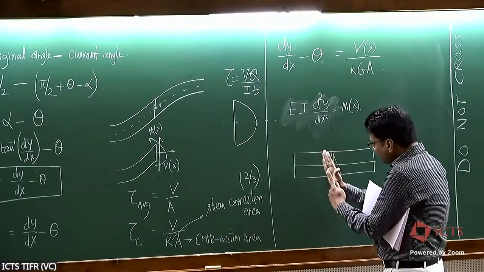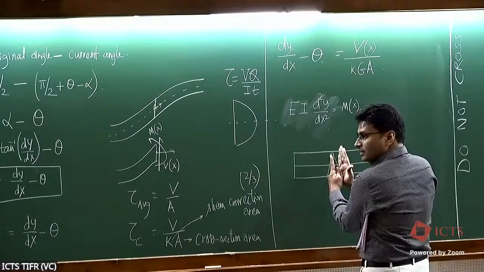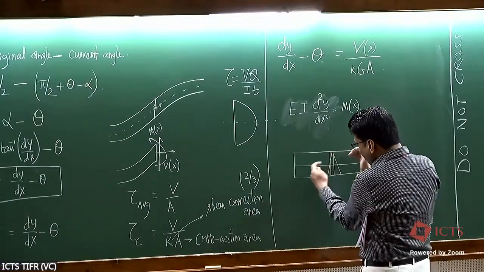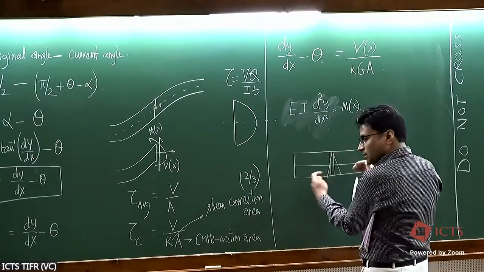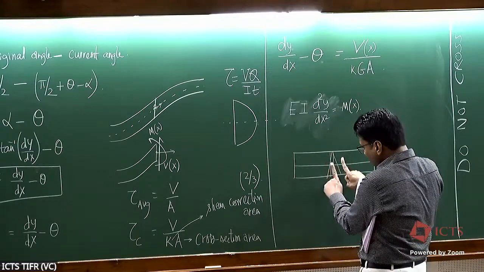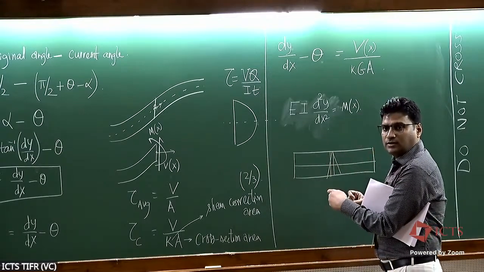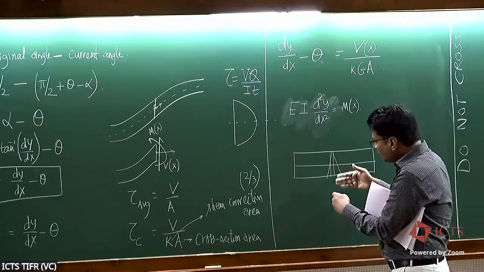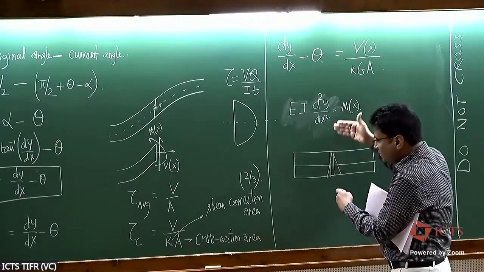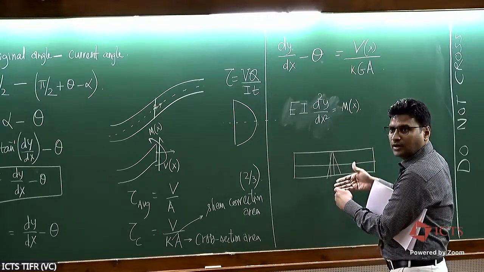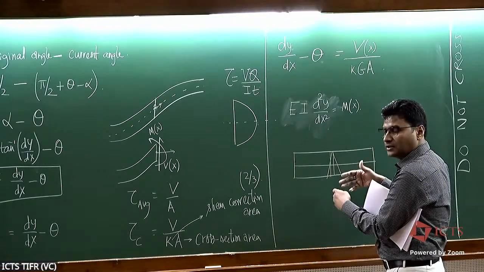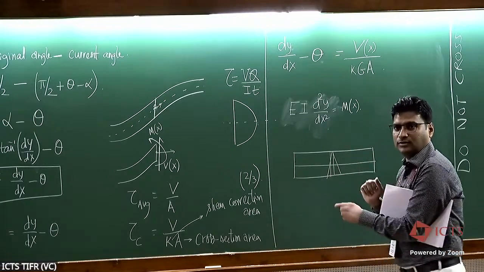If theta is the same, then there is no tendency to push on one side and pull on the other side. It's only when theta is varying that you get that tendency, which will lead to variation in the normal stress in the cross-section, and likewise generation of bending moment in the cross-section.